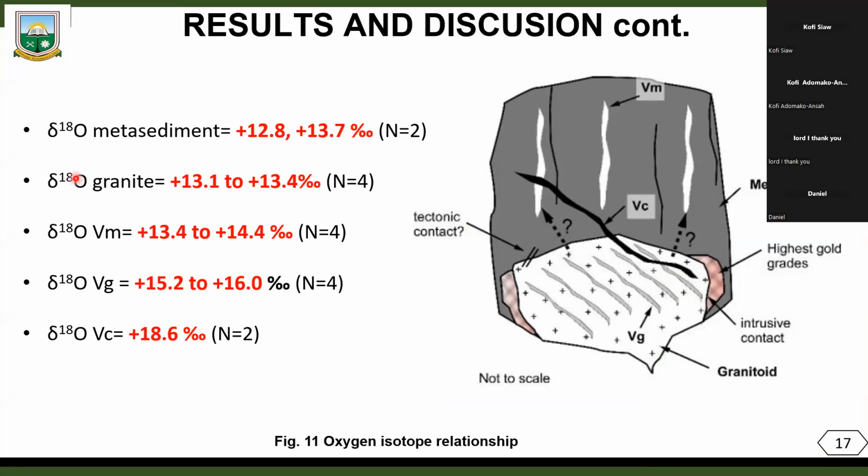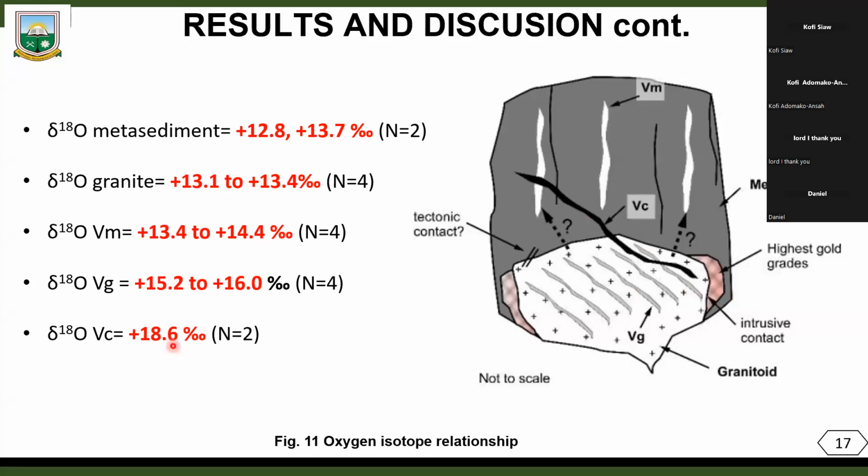For the granite system, we have a range of 13.1 to 13.4. For the VM veins in the metasediments, the veins recorded values of 13 to 14.4. The VGs recorded 15 to 16.0. And last but not the least, the VC, which is the cross-cutting vein, was 18.6.